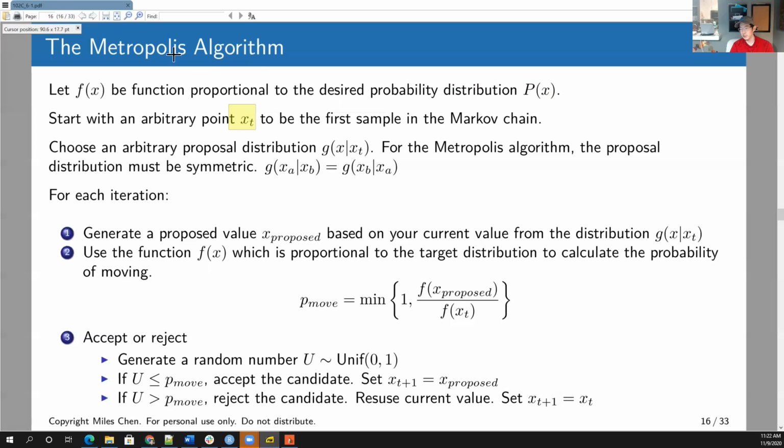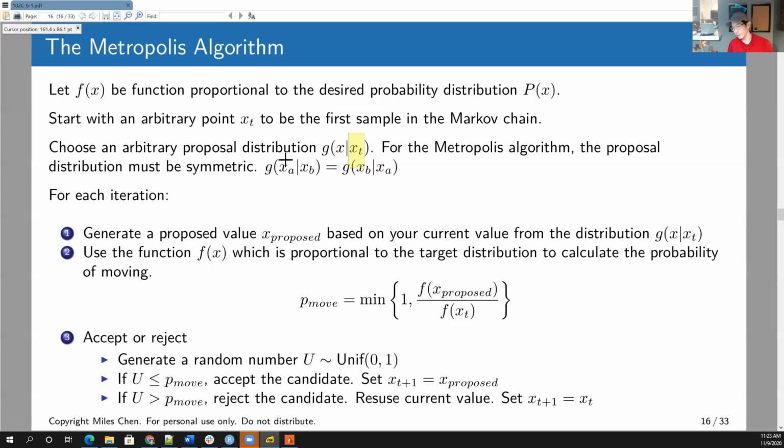And then you also need an arbitrary proposal distribution. The arbitrary proposal distribution is going to be g of x, and it tells you what it proposes given your current value. So given the current value x at time t, what value can you propose? For the Metropolis algorithm, the proposal distribution must be symmetric.